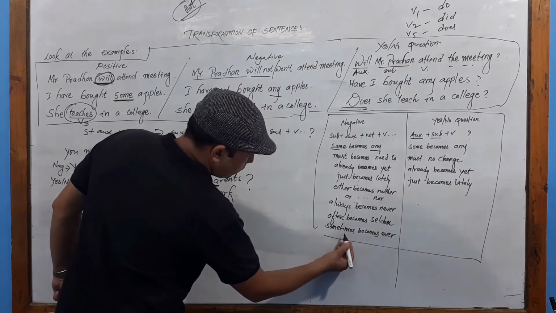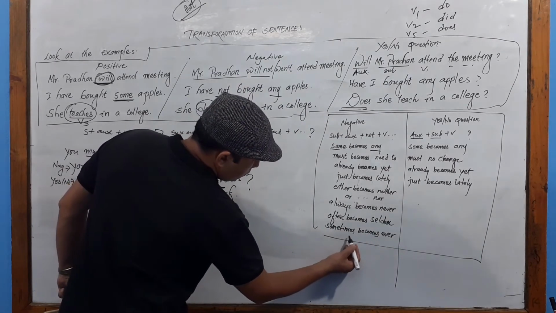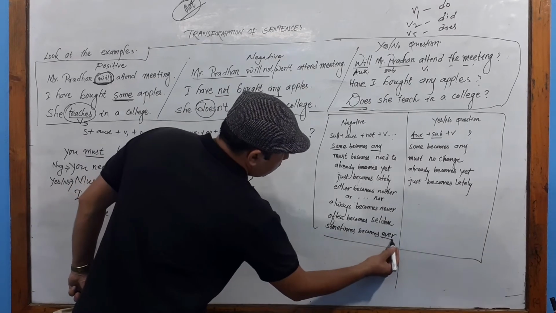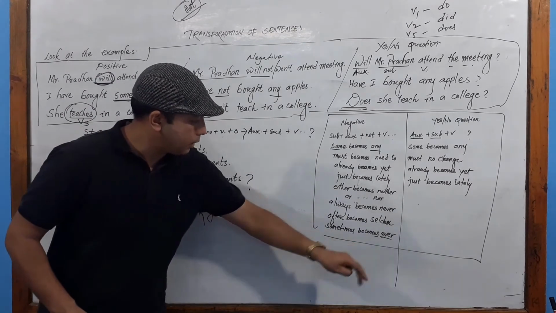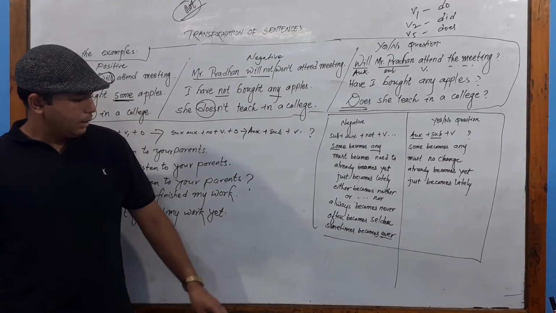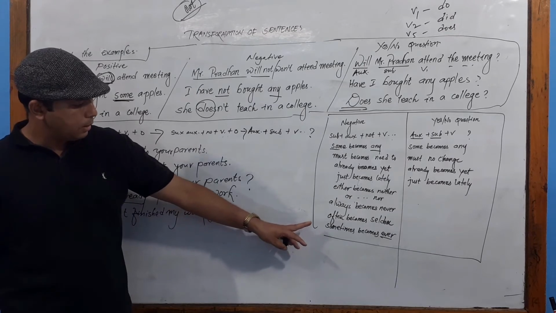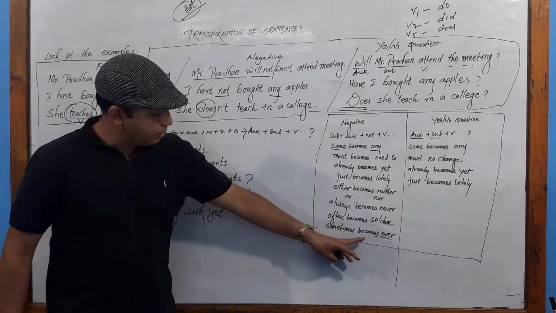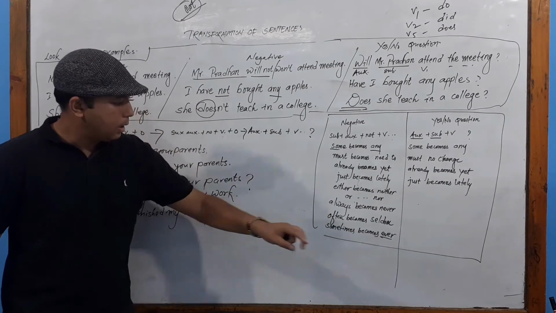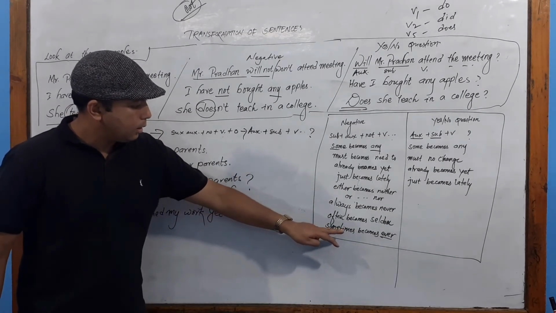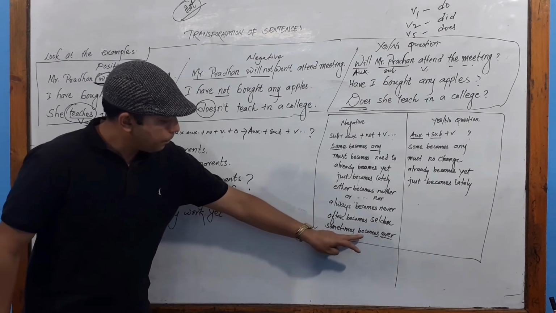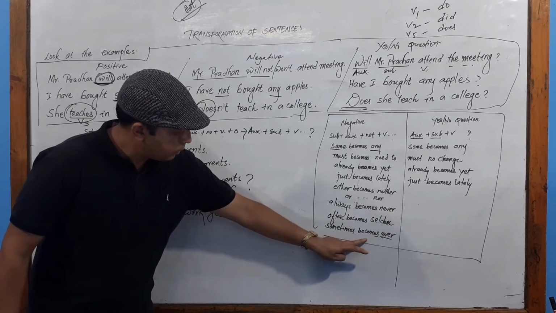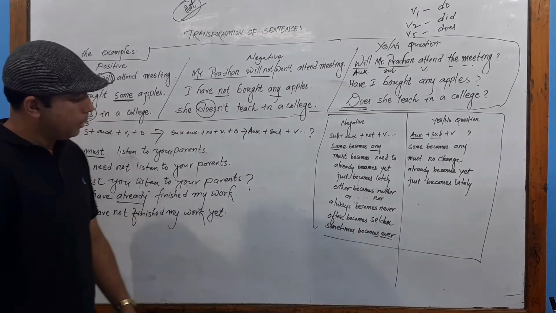Which number? Sometimes becomes... sorry, 'ever'. Here sometimes becomes ever. Let's say I sometimes visit my grandfather. Let me see, I never... Here I think there is some problem.